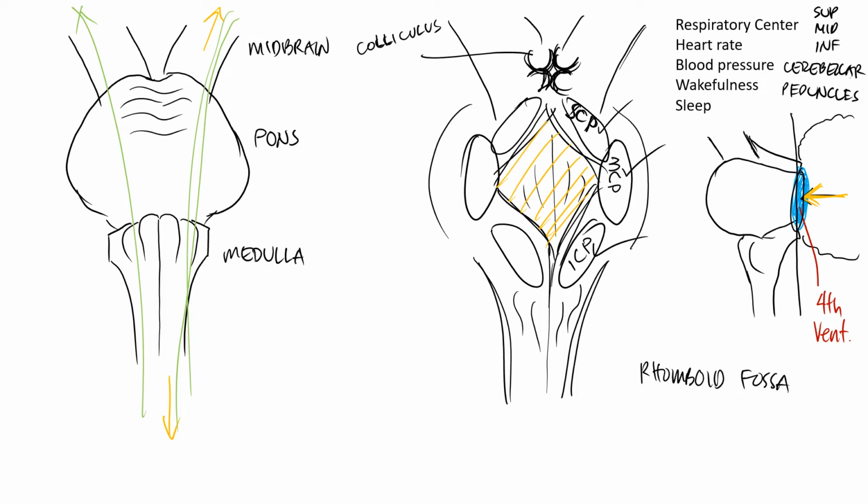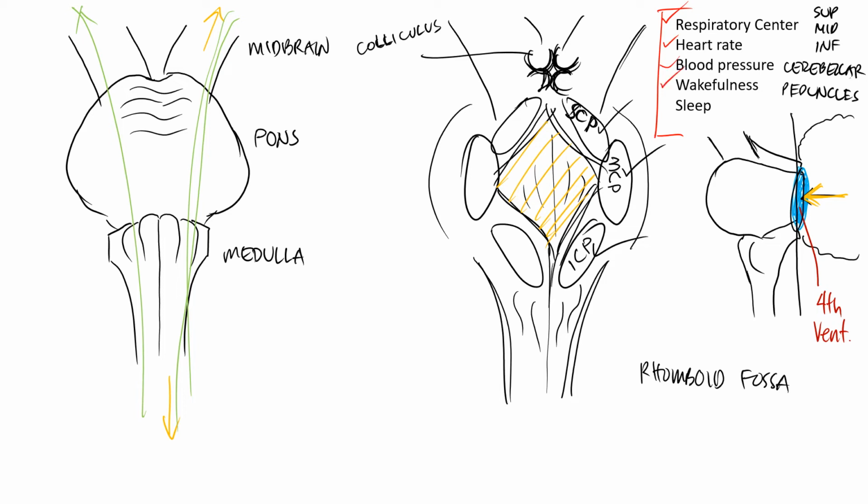So look at this list here. Your brainstem basically has your respiratory center, especially in your medulla. You have your centers that regulate CO2 levels, O2 levels. It regulates how fast you breathe, how deep you breathe. You have your heart rate and blood pressure regulation centers.